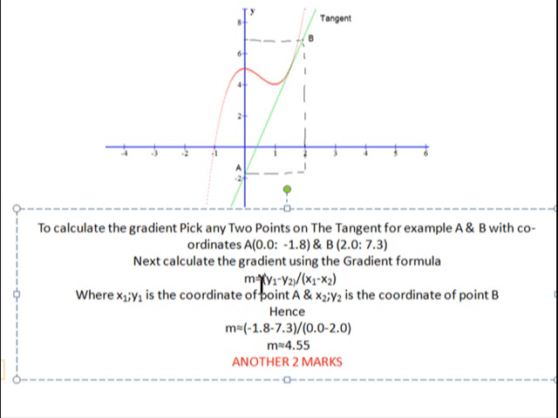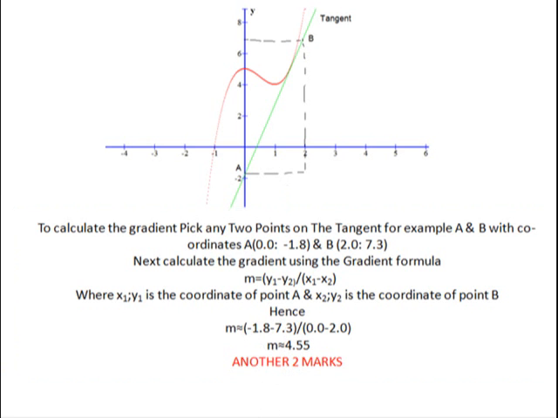Next, you use the gradient formula. m is equal to y1 minus y2 divided by x1 minus x2. If you substitute those values, you get m is approximately equal to 4.55. That right there, guys, is another 2 marks in the bag.